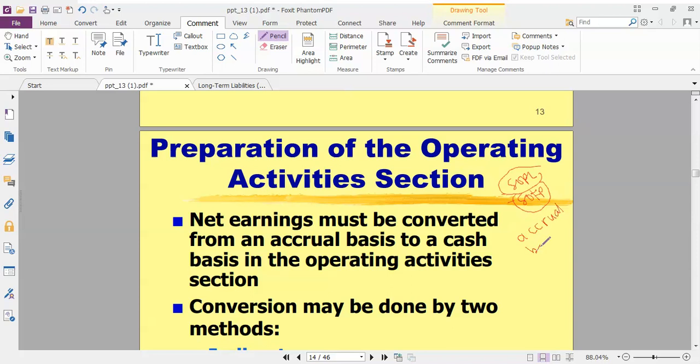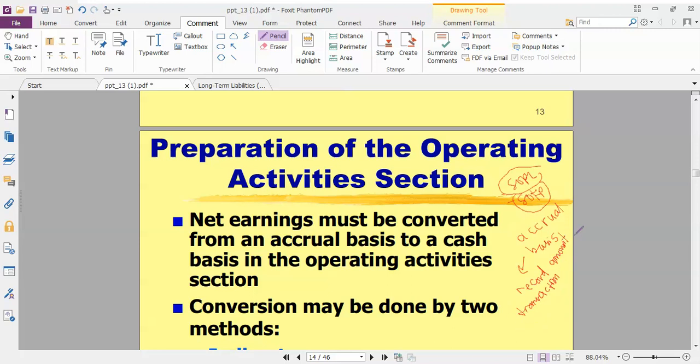Accrual basis means we must record the amount or transaction even though the company did not receive or pay that amount yet.